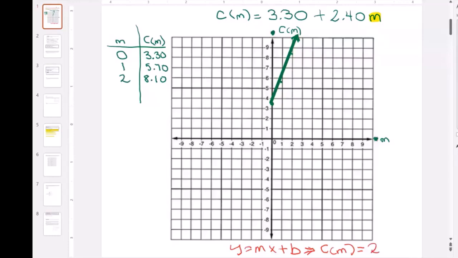So I have $2.40 times M plus b, where b is my intercept, and here b is my initial charge, $3.30.